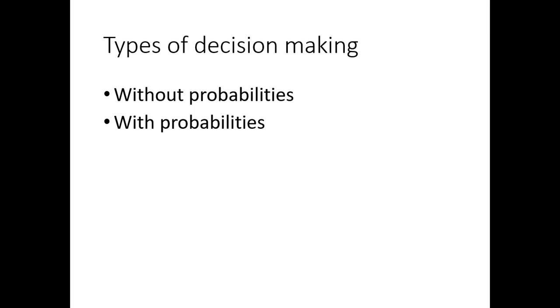What does it mean, without probabilities and with probabilities? That is something you have to understand before we start understanding the various tools available in both of them. Probability means to calculate the chance of something happening.